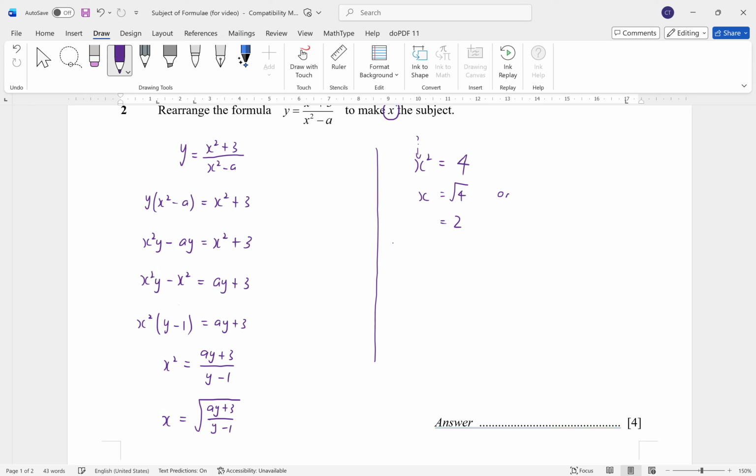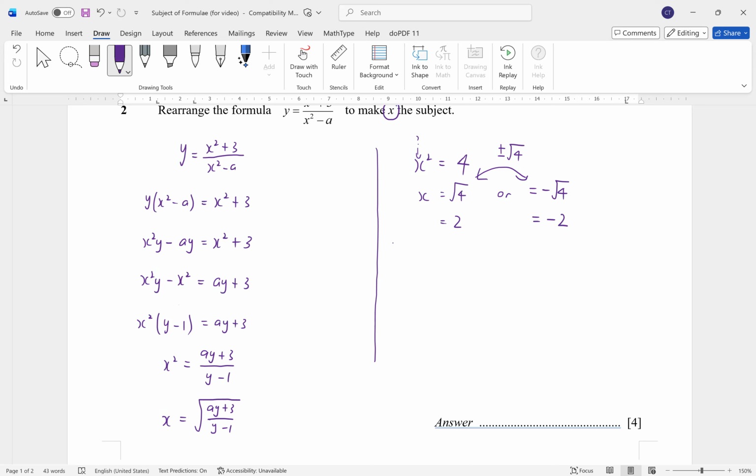Right, so if you think about it, the other number that you can square would be negative 2. In other words, x, besides being square root 4, can also be negative of square root 4. So if we were to combine both of these solutions together, we will write it in this form, plus minus square root 4.